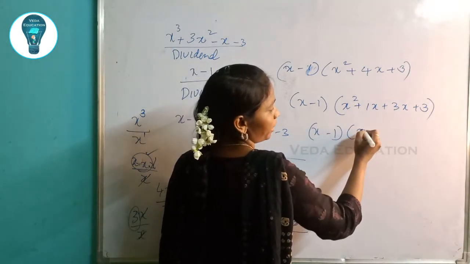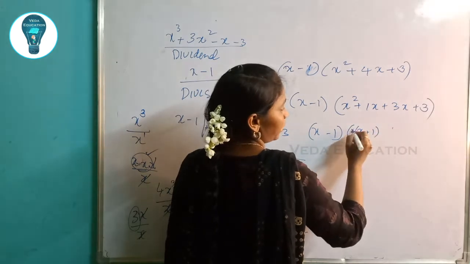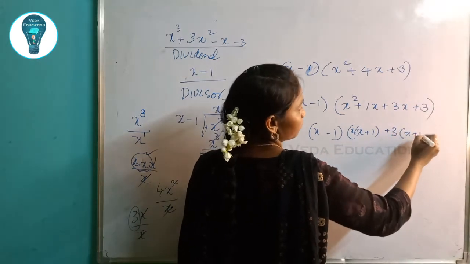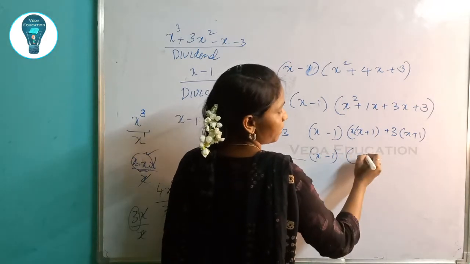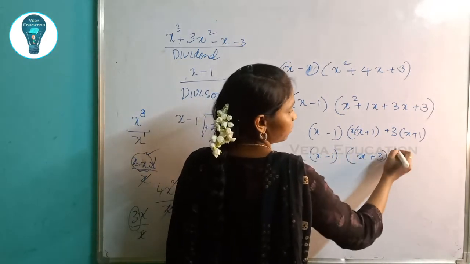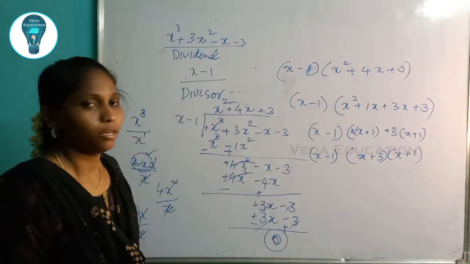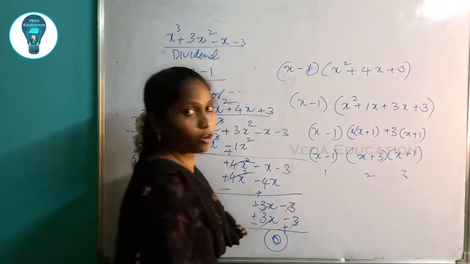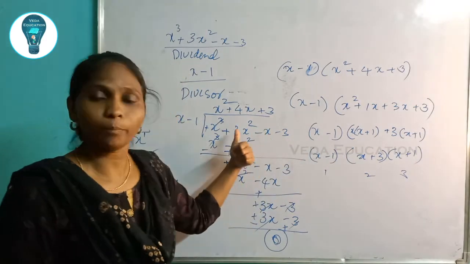Here if you take x common, x plus 1, and here if you take 3 common, 3 times x plus 1. x minus 1, x plus 3 and x plus 1. These are the factors of the given cubic polynomial. Okay. Here 1, 2, 3. 3 zeros we got. So for the cubic polynomial, these 3 are the factors of the given cubic polynomial.